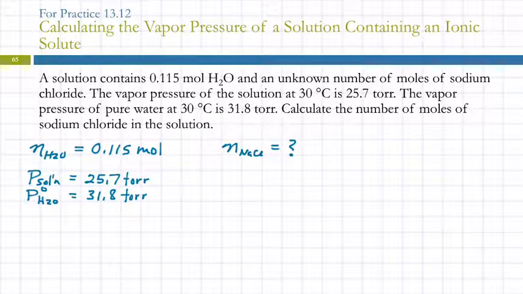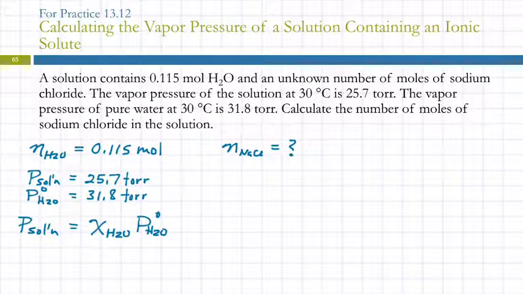So we look at these pieces, and it's a little bit like assembling a Lego set without the instructions. It's like somehow these put together. Well, P solution and P for the pure solvent. The vapor pressure of the solution equals the mole fraction of the water times the vapor pressure of the pure water.